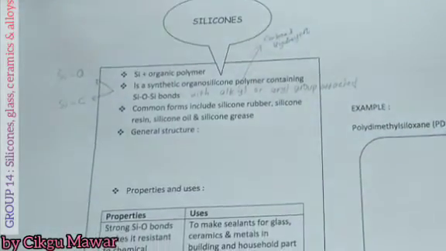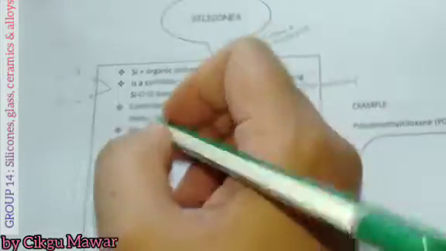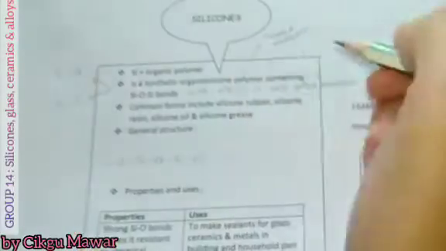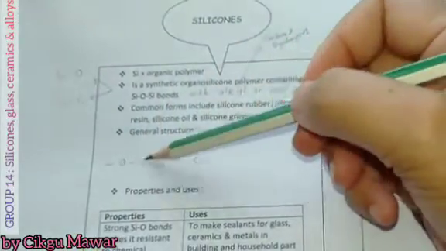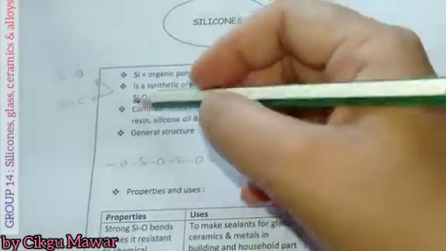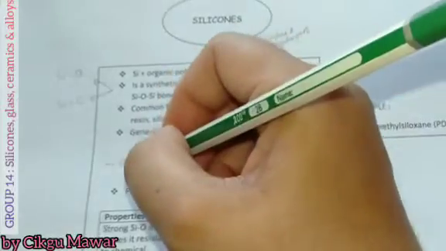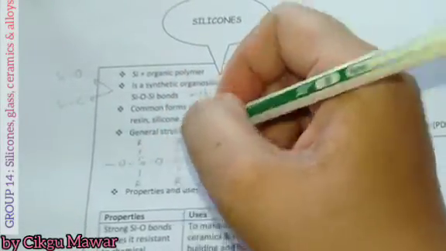For the general structure of silicones, we have Si-O bonds, and this Si also forms bonding with an alkyl group. So R is an alkyl group.